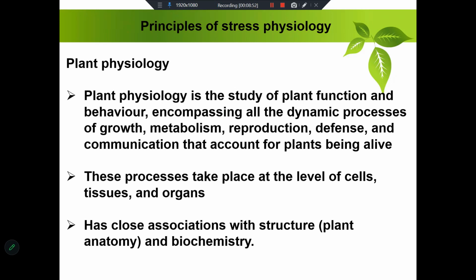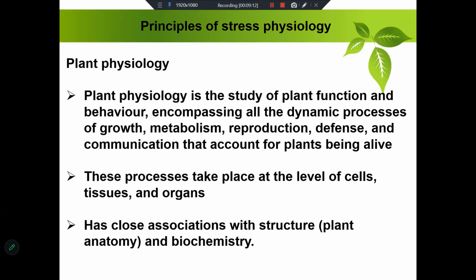And also, when we talk about physiology, one very important aspect is that we have to keep in mind the structure and function association. Plant physiology has a very close association with structure. That is why we call it anatomy and physiology.